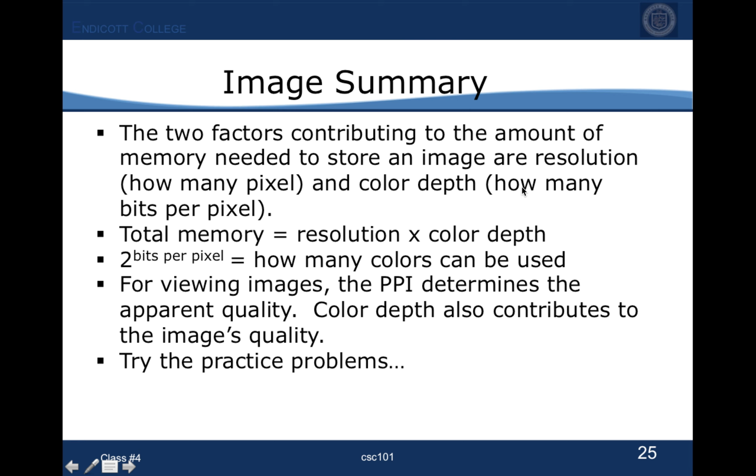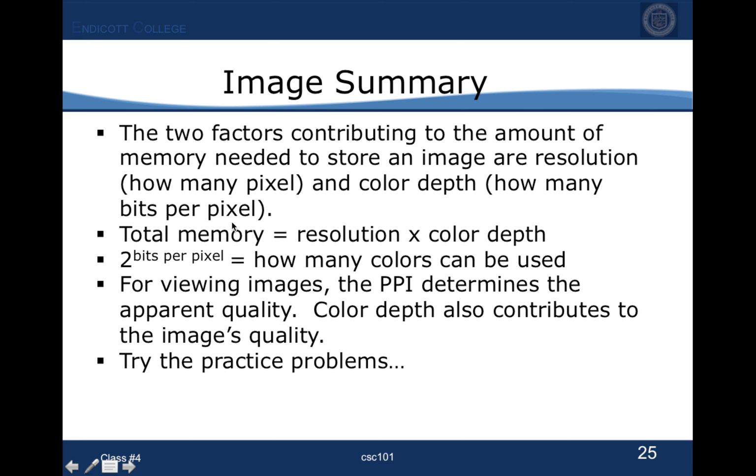So you use a color depth of 8 bits per pixel, and there's a million pixels, then obviously it's a million times 8 bits per pixel. And so 8 million bits, or 1 million bytes, which is a megabyte, which is a somewhat reasonable amount of memory for a photo, or an image of some sort at least.